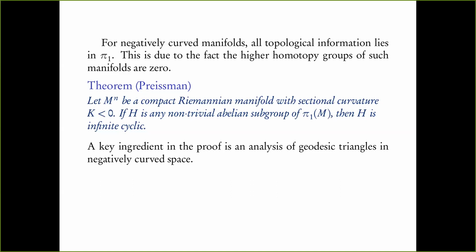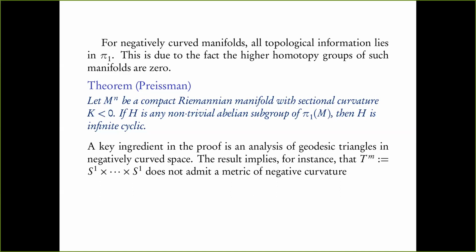So a particular implication of this theorem is in ruling out certain manifolds from admitting negatively curved metrics, because oftentimes you are looking for manifolds which admit certain metrics or they do not. So for instance, can the m-torus, meaning take S1 cross S1 cross S1, m copies of them? The 2-torus is S1 cross S1, the 3-torus is S1 cross S1 cross S1, a 3-dimensional manifold, and so on.